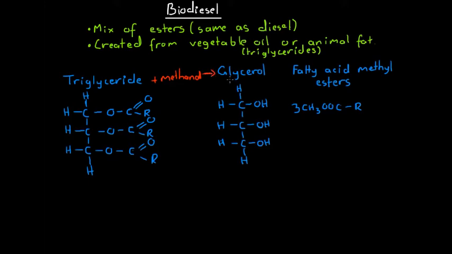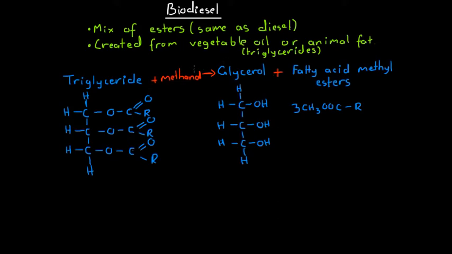What we do is we produce a molecule called glycerol, as well as some molecules that we can call fatty acid methyl esters. So we have triglyceride and methanol reacting to produce glycerol and fatty acid methyl esters, which are a special type of ester.